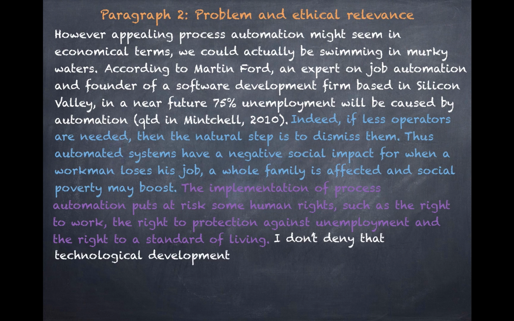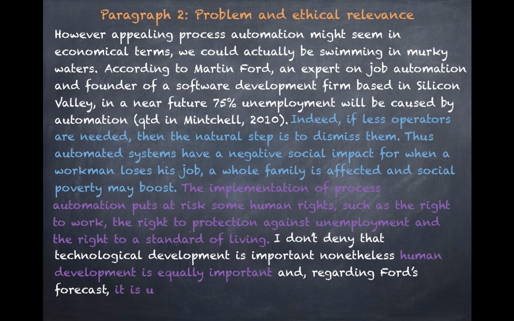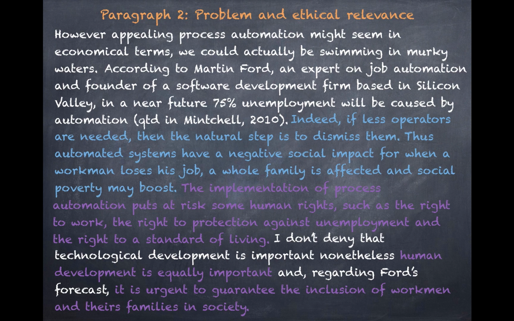I don't deny that technological development is important. Nonetheless, human development is equally important and, regarding Ford's forecast, it is urgent to guarantee the inclusion of workmen and their families in society. Don't forget to write the ethical relevance in purple.